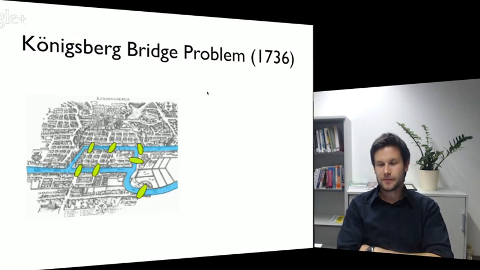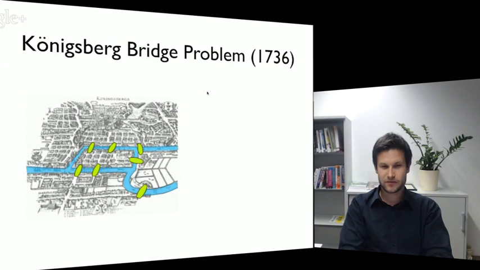It came up in 1736, and Leonhard Euler tried to find a solution for how to get a tour of the city of Königsberg, which is Kaliningrad in Russia today. And his goal was actually to cross each of the 7 bridges that are in the city just once and be able to see all the parts of the city.